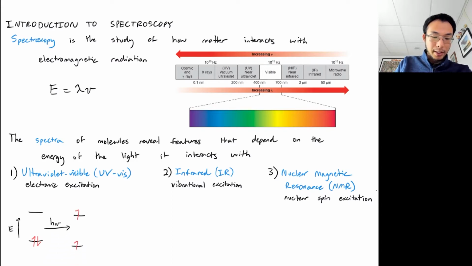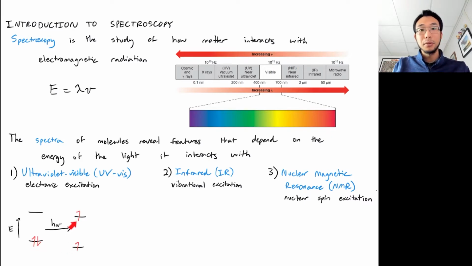In an electronic excitation, we would shine light on this molecule. The molecule would absorb an amount of light equal to this amount of energy here. That would promote one of these electrons up to a higher energy level, and that absorption of energy would be detected. It turns out that for a single molecule, that energy gap is about 10 to the minus 20 joules.